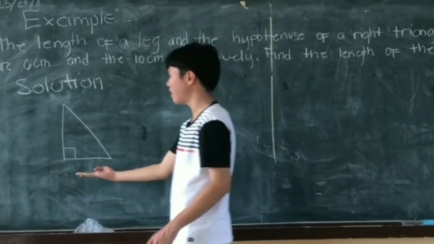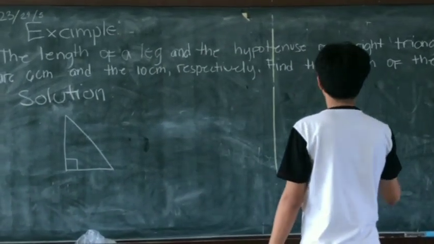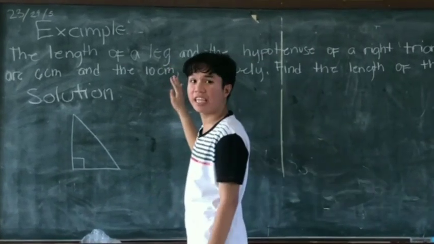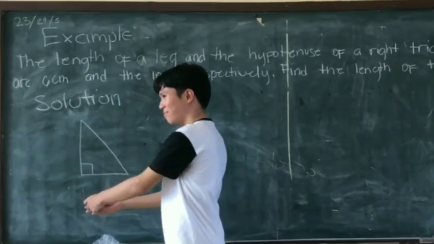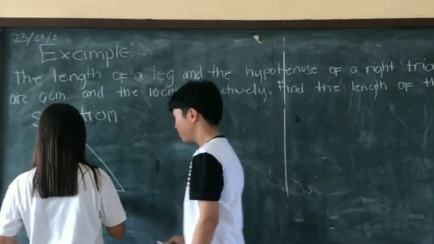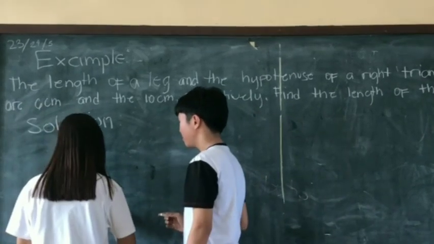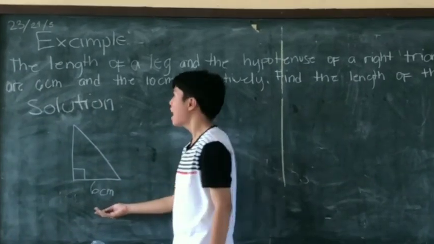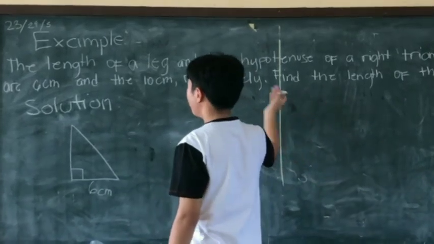So here's the right triangle. We're looking for the leg. So what is the leg? Basically, it's the base of the triangle, which is six centimeters, and the hypotenuse of the right triangle is 10.